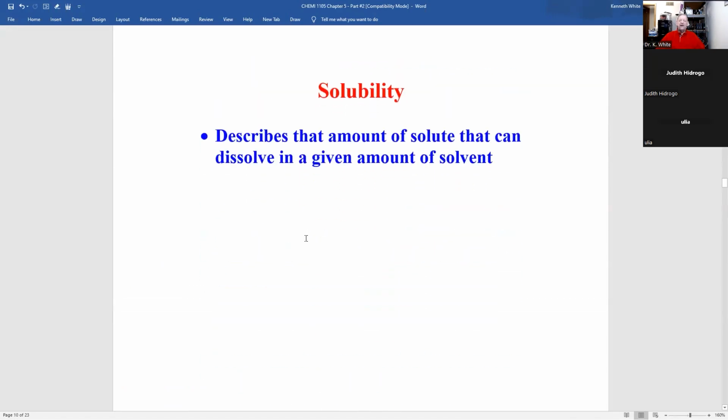Now, when we mix two things together, an important concept is solubility. And that describes the amount of solute components present in a smaller amount that can dissolve in a given amount of solvent.